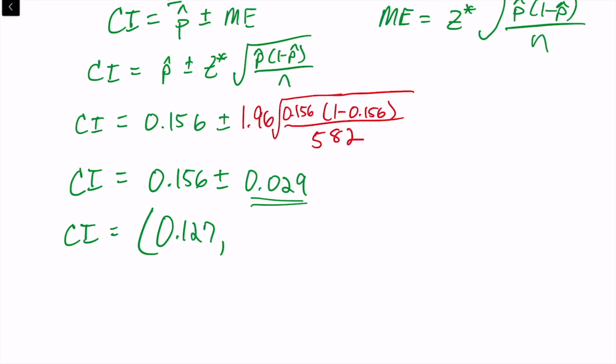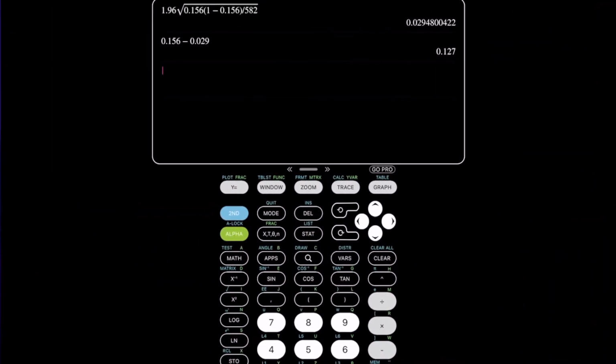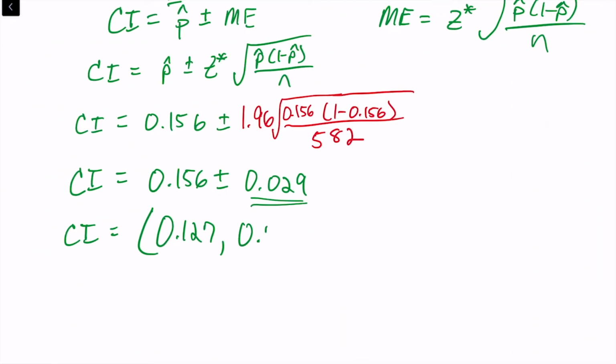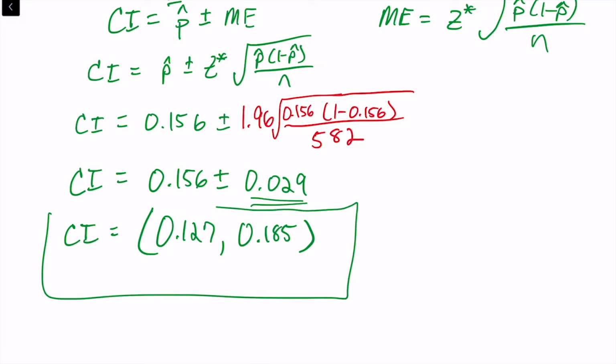And we add, let me change it to a plus. 0.156 plus 0.029 will give us an upper bound of 0.185. All right, so there we go, folks. That is our 95% confidence interval. It goes from 0.127, or 12.7%, up to 18.5%.